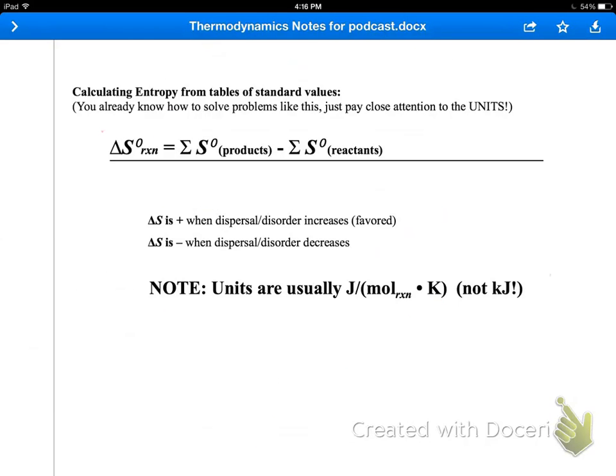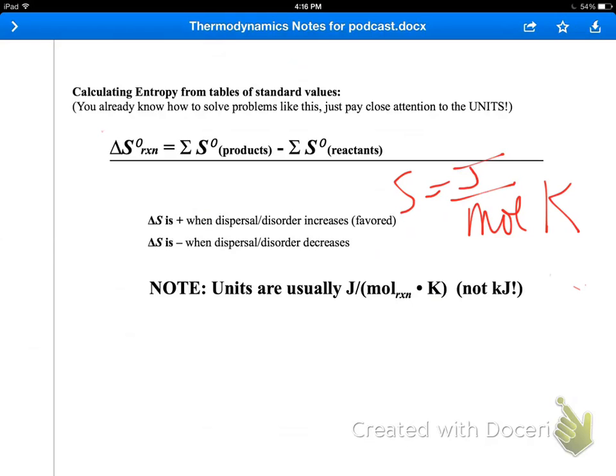Okay, so I can calculate entropy from a table of standard values, just like that reference pack I've been giving you. There are entropies on there. Just be careful. Again, units for entropy are joules per mole Kelvin.